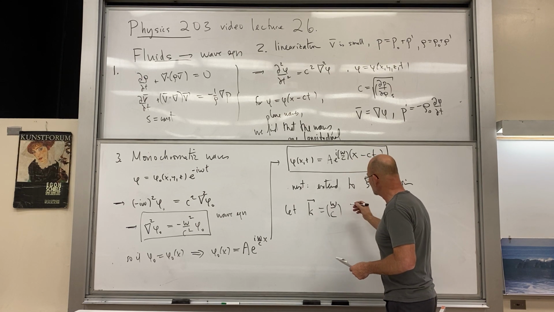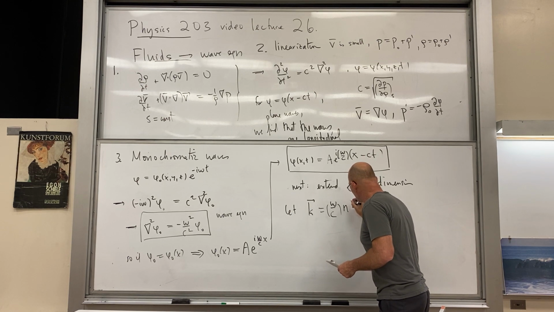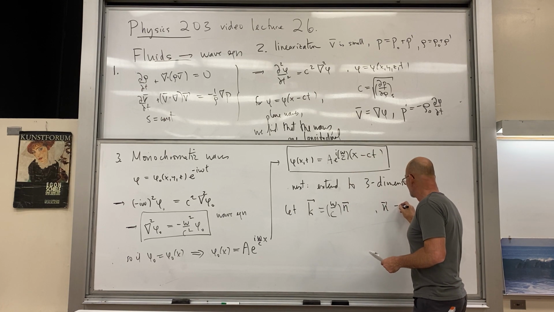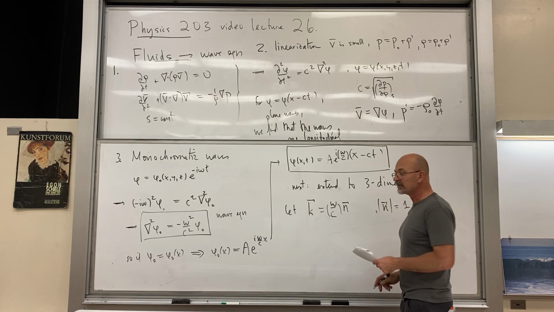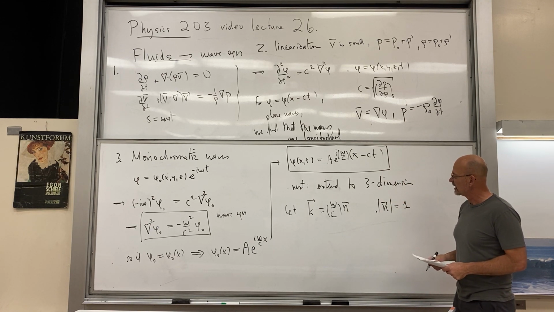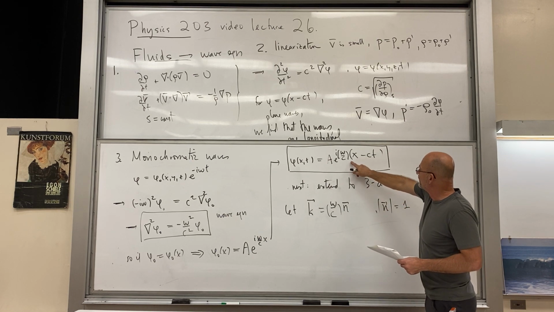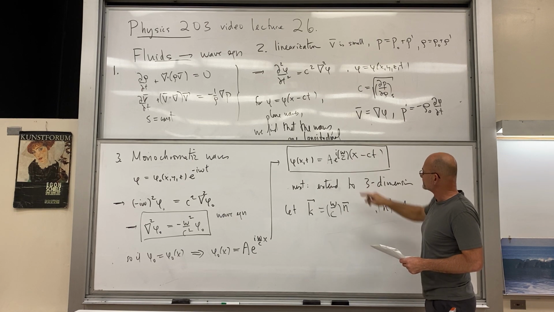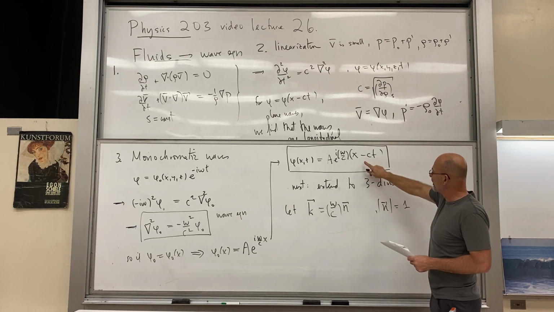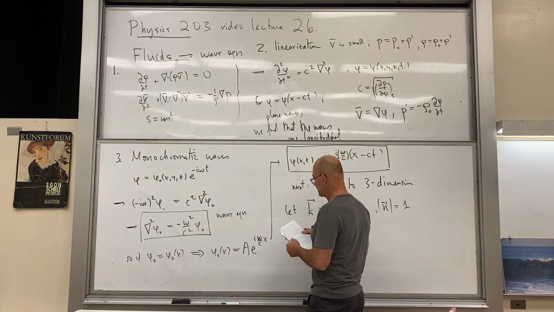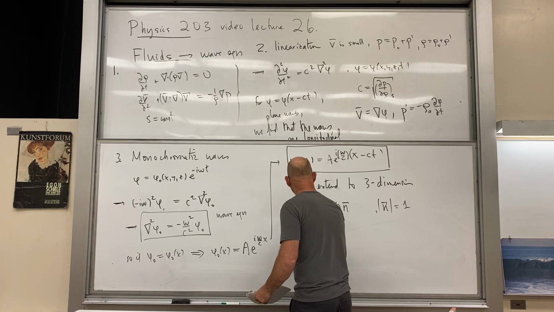That's its magnitude, and the direction is a unit vector. So n is a unit vector. So now what we can do is just plug this in here, and we'll go straight to there.